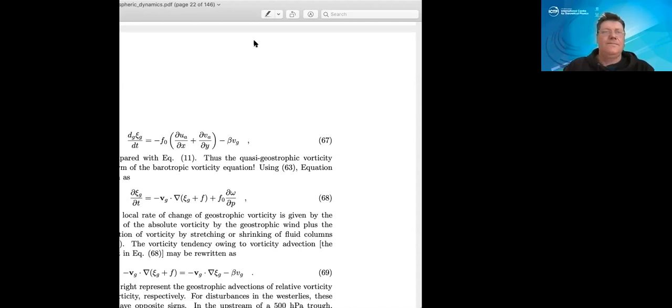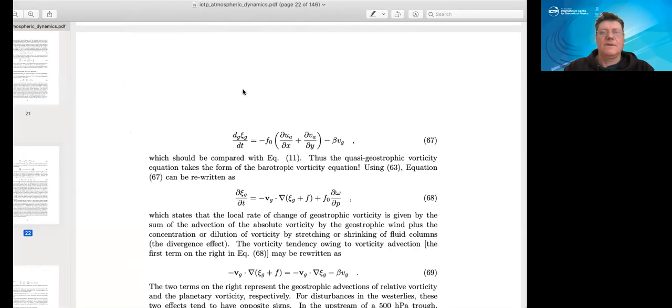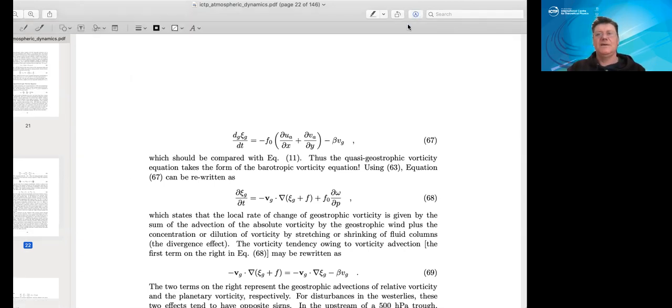So I will share my screen now. Okay. So last lecture, we derived the dispersion relationship for Rossby waves, essentially using this equation here, but ignoring this term.